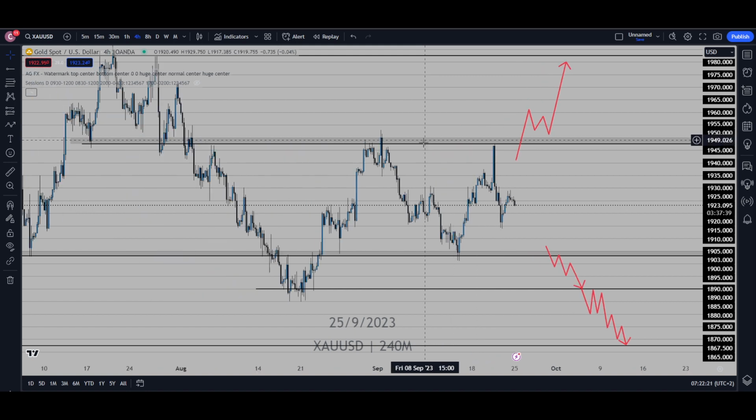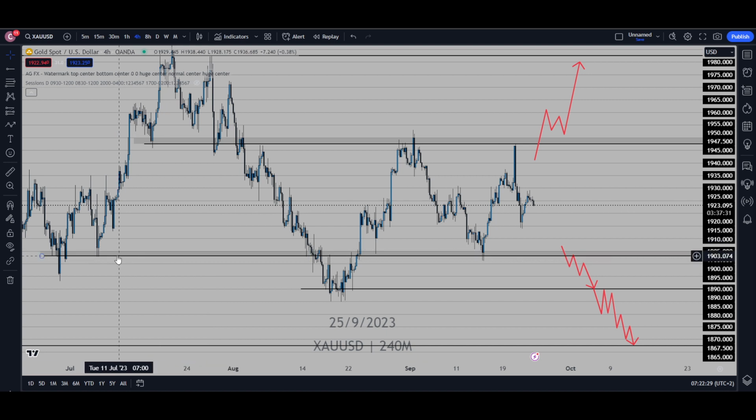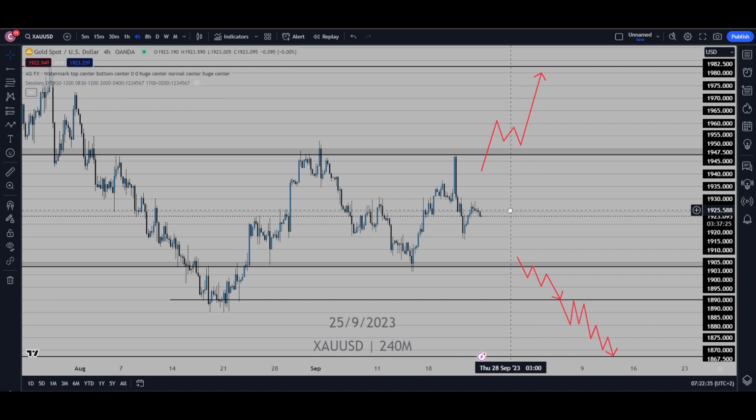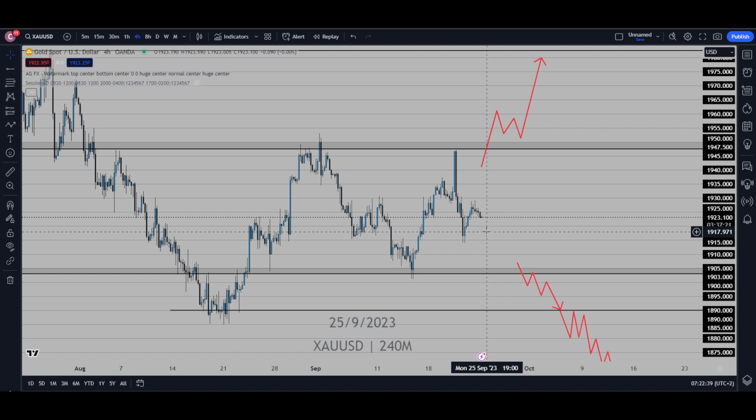That's sort of our key levels to look out for that side. And then to the downside, we've got 1905, but a very nice rejection level here, 1903 as well. So as it stands, we are sitting in the middle of this range.